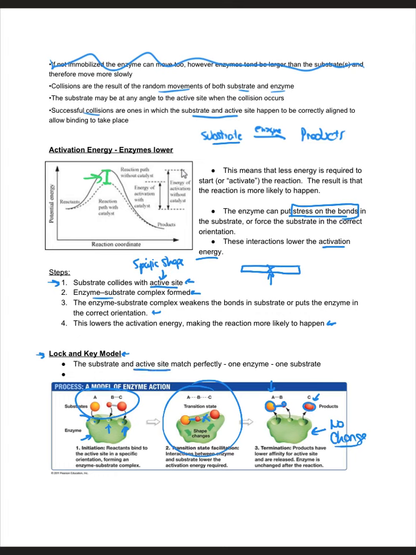Okay, so here the substrate and the active site match perfectly. So the idea is one enzyme, one substrate. So here, A can only bind with A, B can only bind here, C can only bind here. It's a lock and key model. And again, you kind of figure out why it's called a lock and key. You know, if you have a certain key, it only opens one lock. So it's very specific. Okay, so that's the first model.